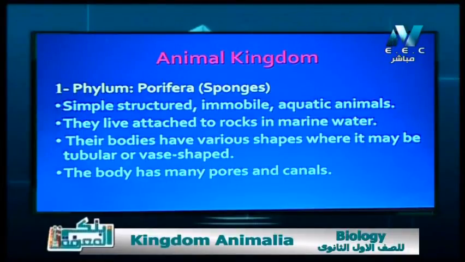They live attached to rocks, as we said, because they don't have locomotory organs. Their bodies have various shapes, where it may be tubular or vase-shaped. And the body has many pores and canals.